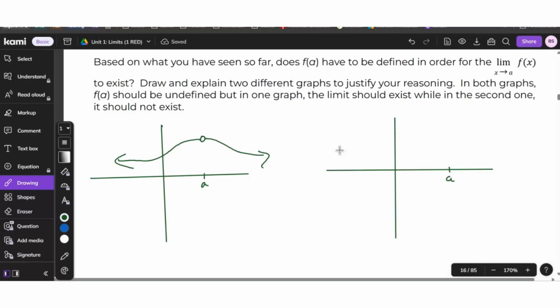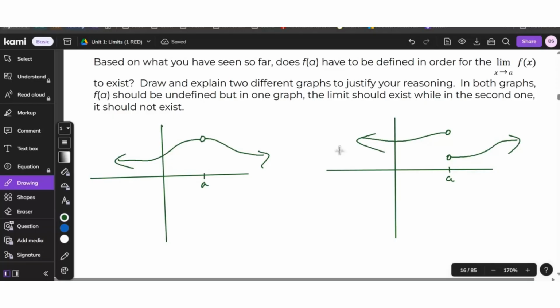On this one, if I want it to not exist, the easiest way to do it the same way is to put two different dots. Because now the left and right side are not going to be equal, right? That would mean it doesn't exist.